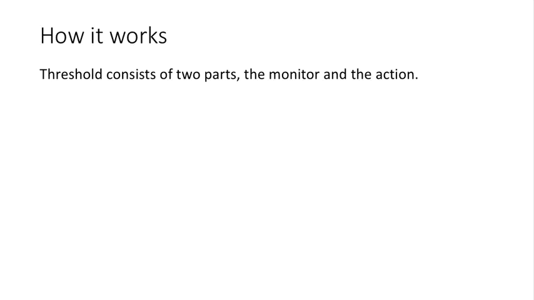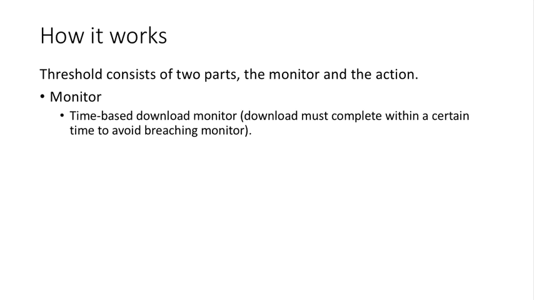Let's talk a little more in depth about each part of the Threshold tool. As mentioned earlier, you have two parts of the tool that need to be configured: the monitor and the action. For the monitor, there are currently 3 types which you can use. The first type is a time-based download monitor. For example, let's say at random times throughout the day, you've noticed that downloads from your website are taking an abnormally long time to complete.